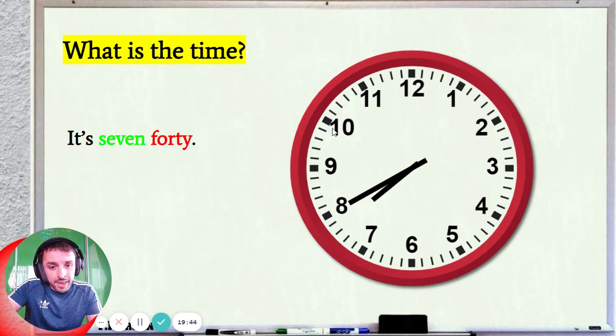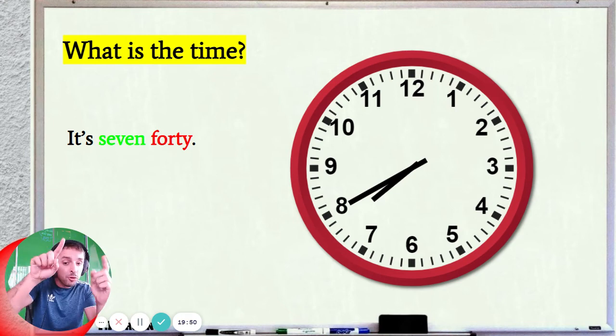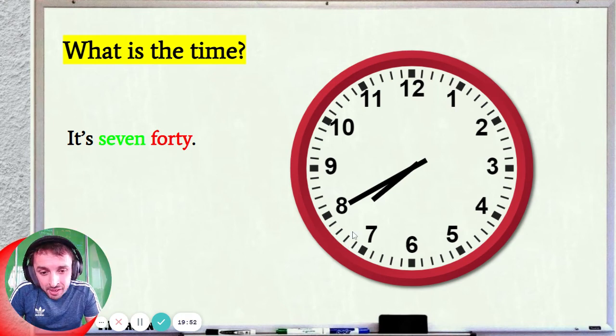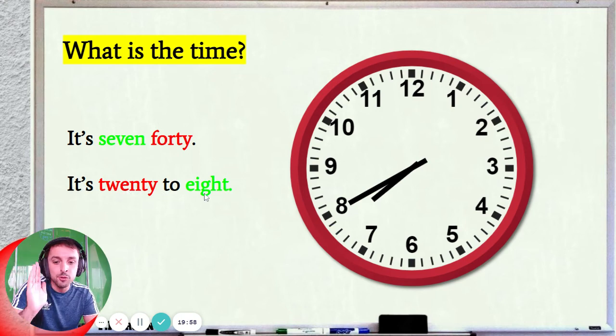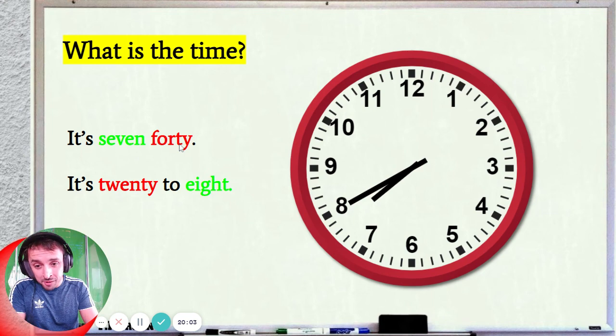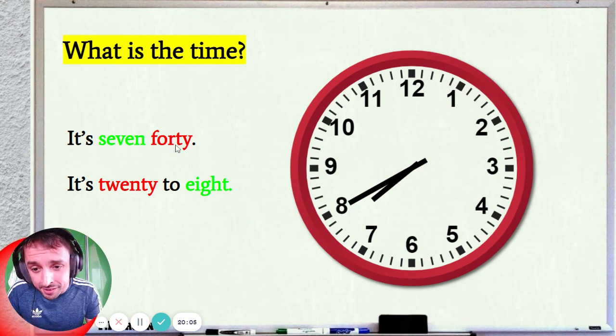So it's 5, 10, 15, 20. Okay, so we have 20 minutes to. What is the next hour? 8. That's right. It's 20 to 8. What is the time? It is 7:40 or it is 20 to 8. Same.